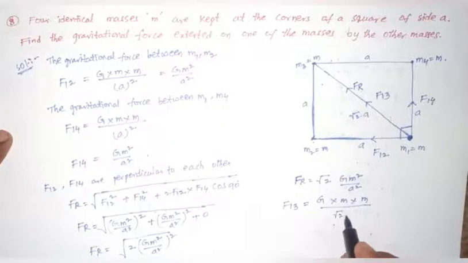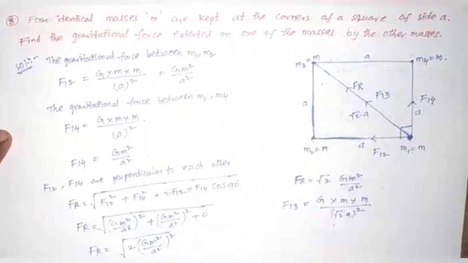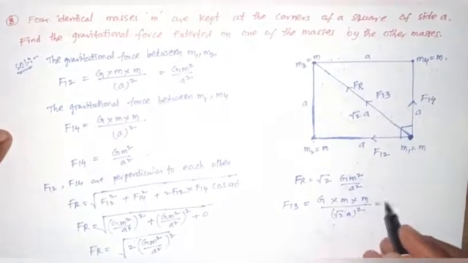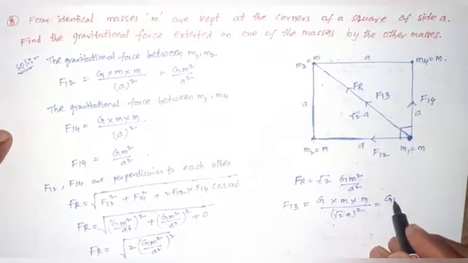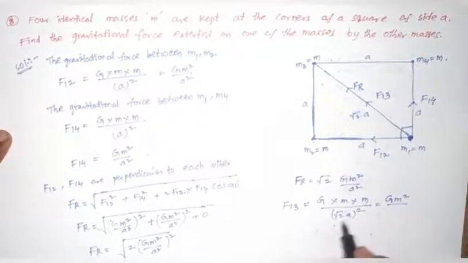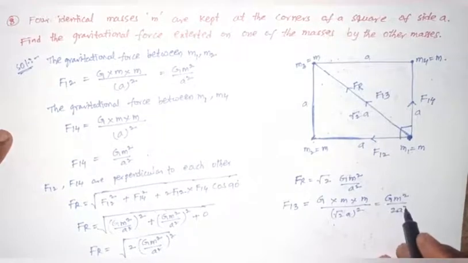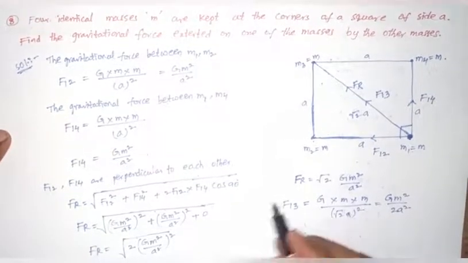So root 2 a whole square, that equals G m square by 2a square.